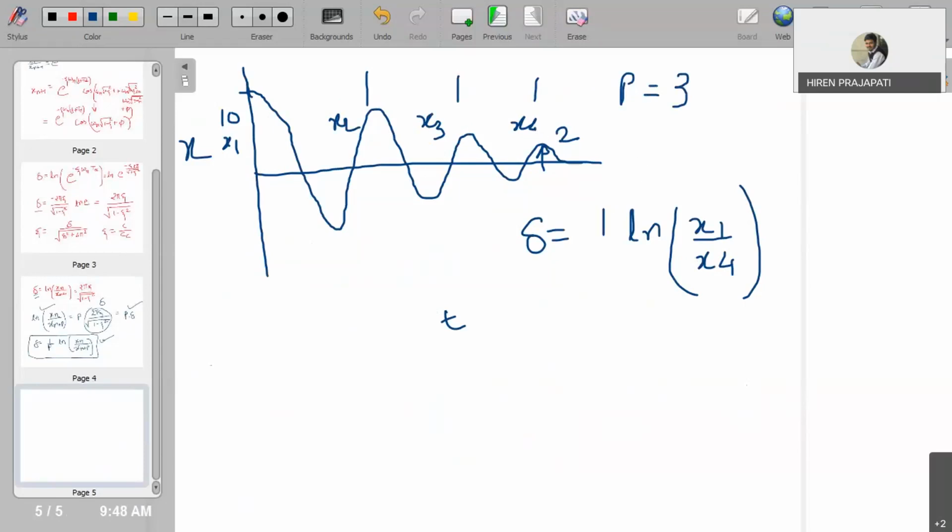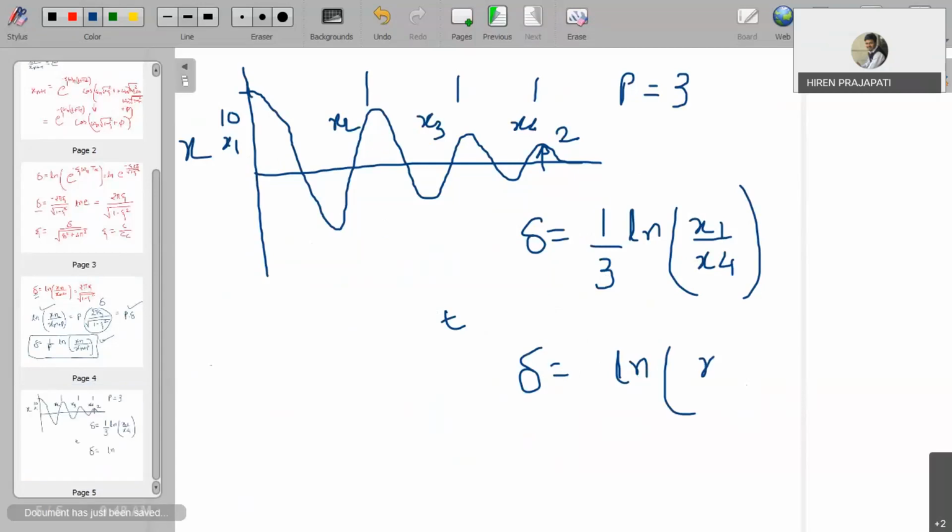So I need to write here 1 by 3, right? And if I take the ratio of x1 and x2, then only 1, ln x1 by x2. So only one cycle. P stands for number of cycles.